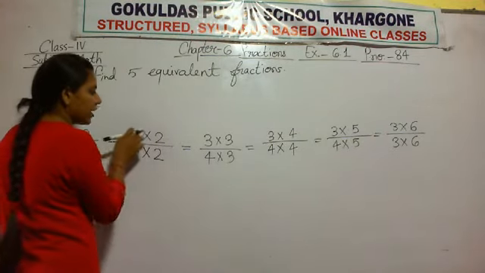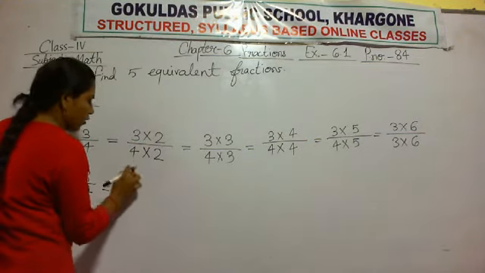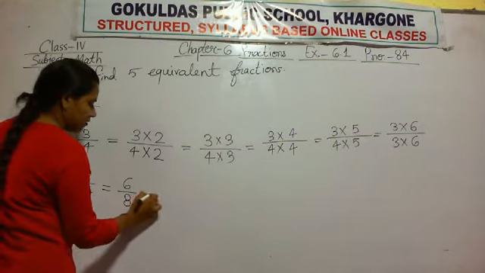Now solve it. 3 into 2, 3 2s are 6, upon 4 into 2, 8, is equal to.